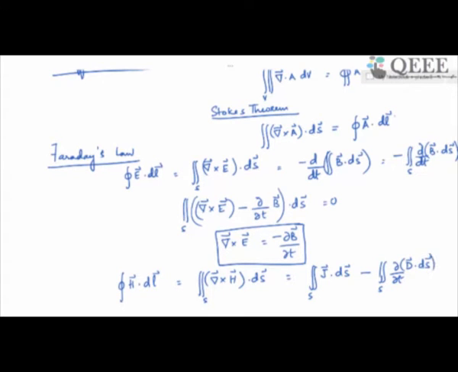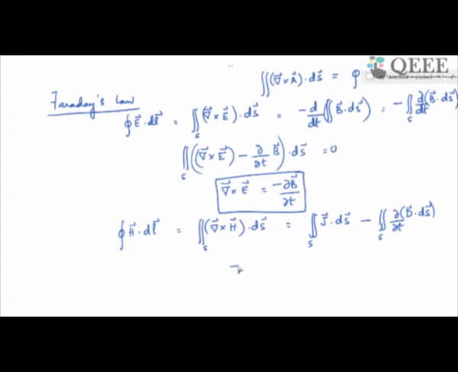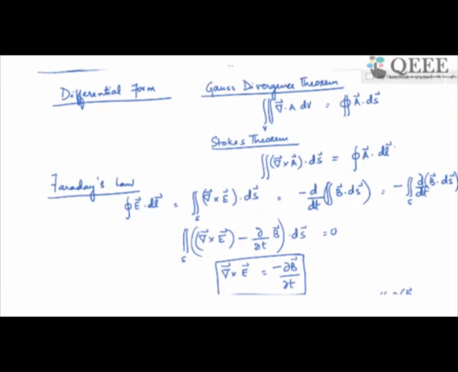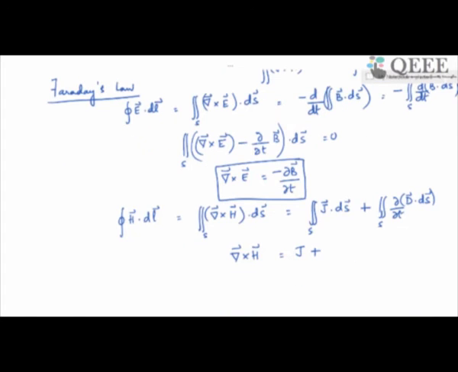Here again I push the integration out and differentiation in, and if I do the same process I get curl of H is equal to J, sorry, this was plus, so J plus, this is conduction current plus the displacement current. So this is del by del t of D. This is my Ampere's law in the point form.